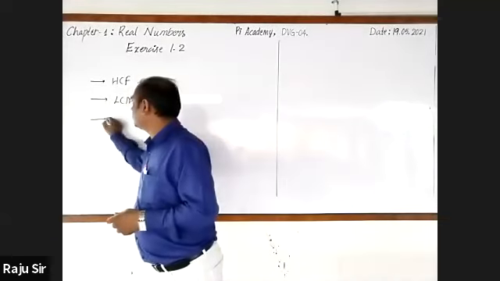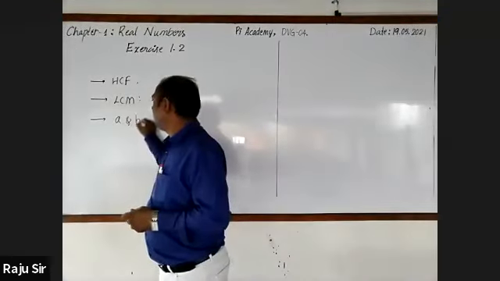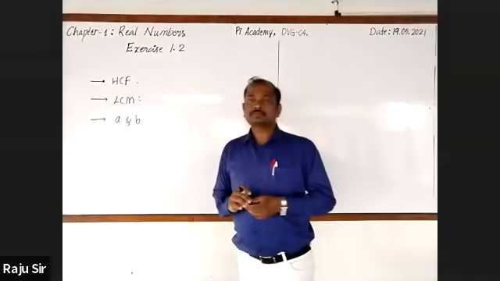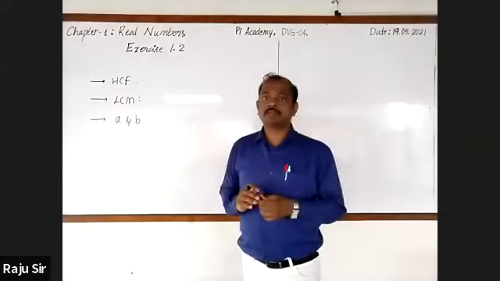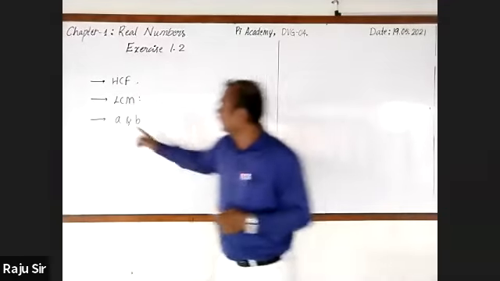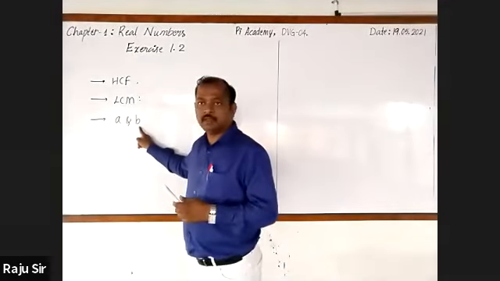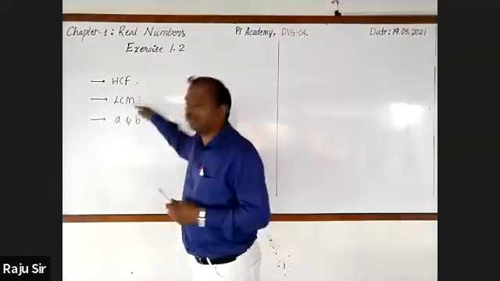We have taken the two numbers as A and B, and we have come across an important statement which gives the relationship among these two numbers A and B with the HCF and LCM.